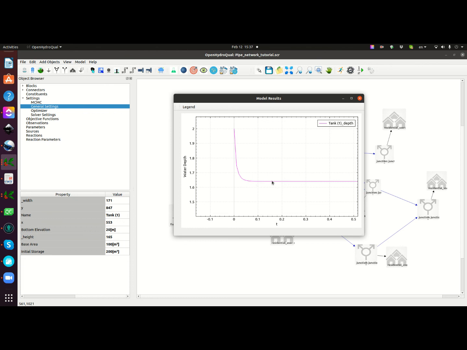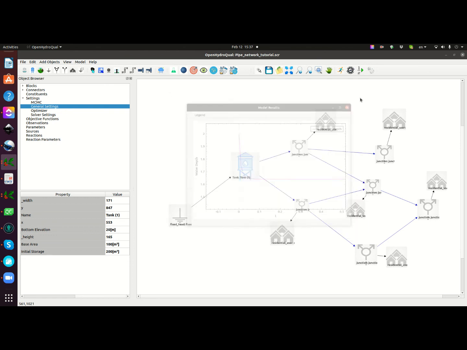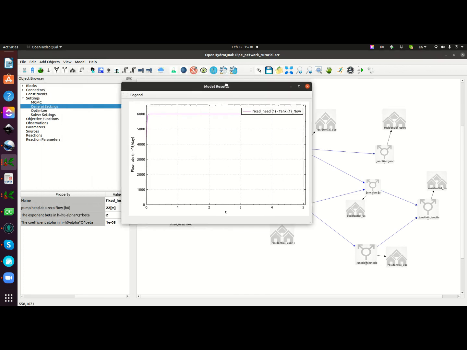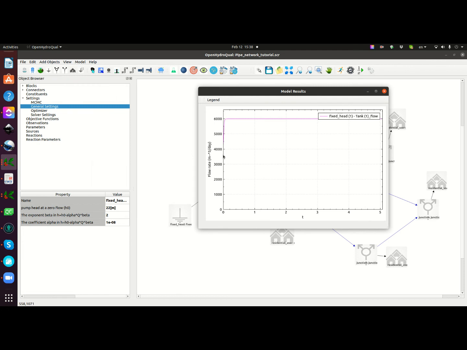So this is the depth where the flow that the pump is pumping into the tank will be equal to all my consumption. So basically I can look at the total flow here. As you can see, initially it starts from a smaller value than the 6,000 that is our demand.